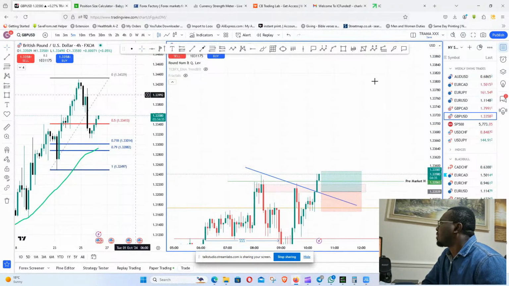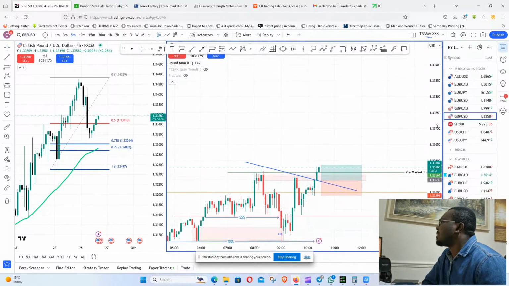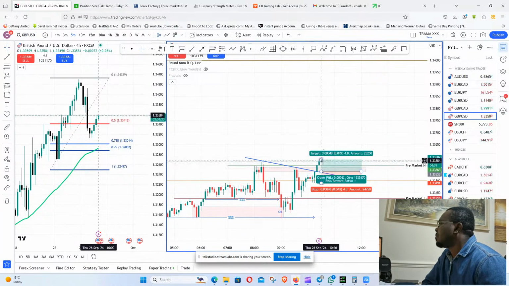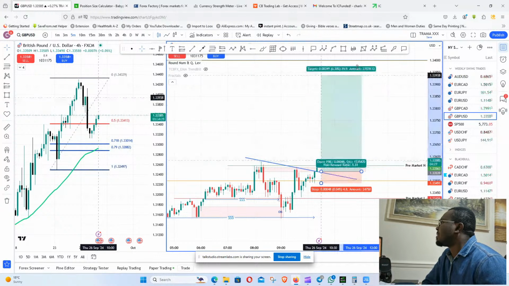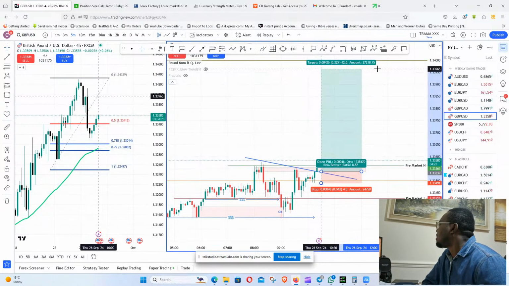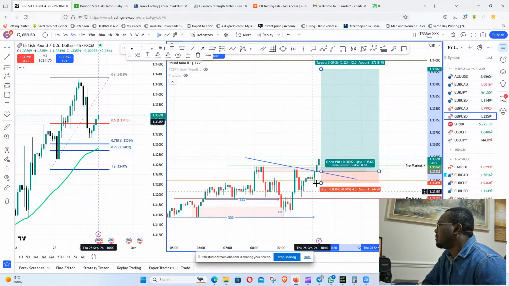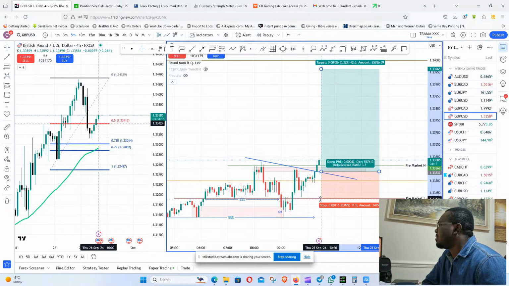Looking at price to continue to the upside towards this region, but we'll wait for a pullback. We need to see a proper displacement, and then we will take TP right here. So stop loss will be at the low here.